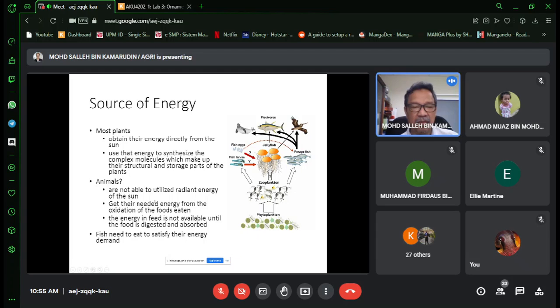From the oxidation of the food that they eat, yeah? Then the energy in feed is not available, kalau ada pun tak available unless or until the food is digested and absorbed. So the energy will be masuk. Dan the energy ni tadi saya terangkan daripada ni.